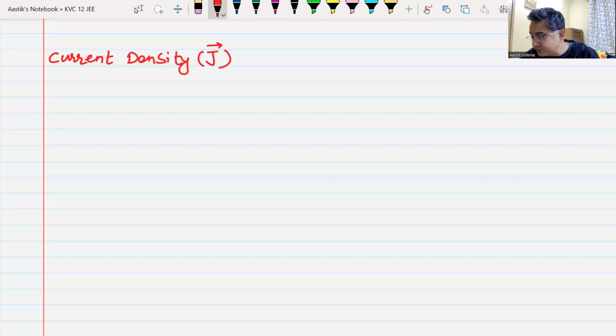Okay, and the next thing that comes for you is known as current density. And this, gentlemen, is a vector. Current density is a vector. So, what is current density?